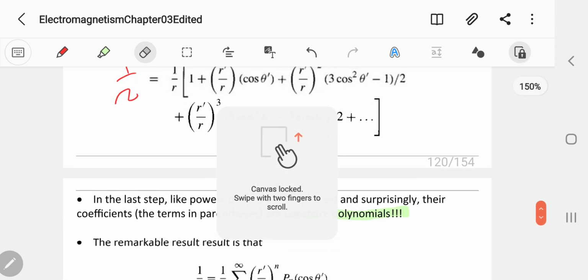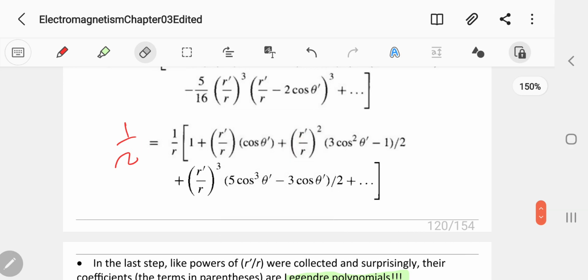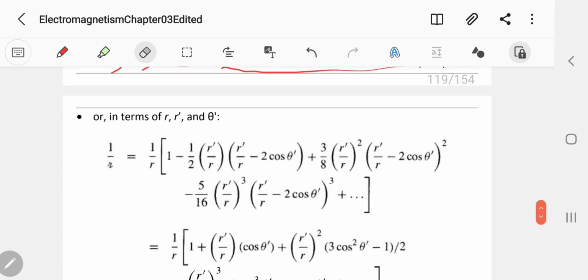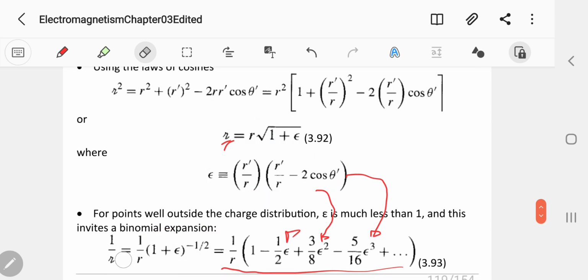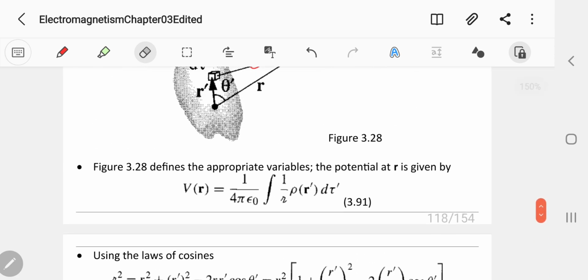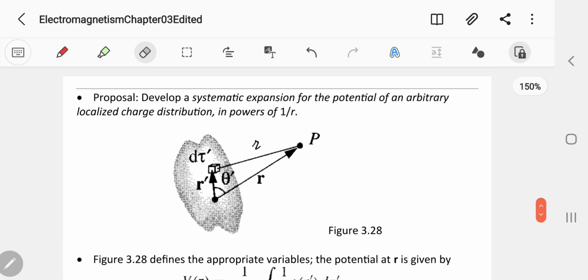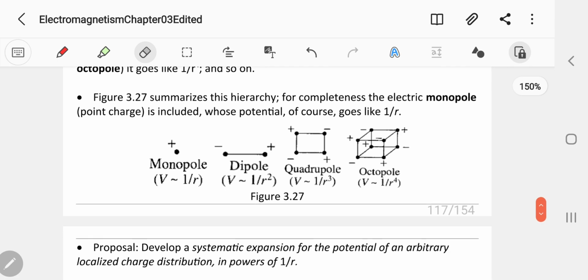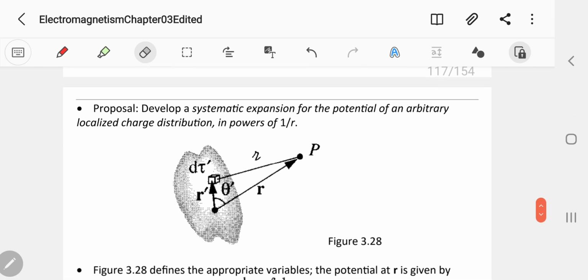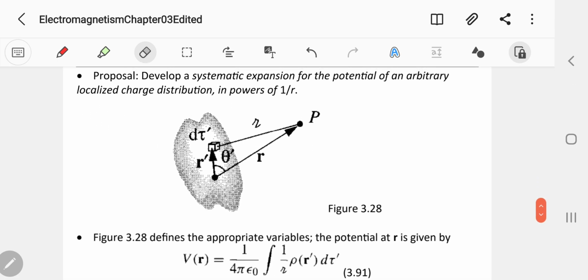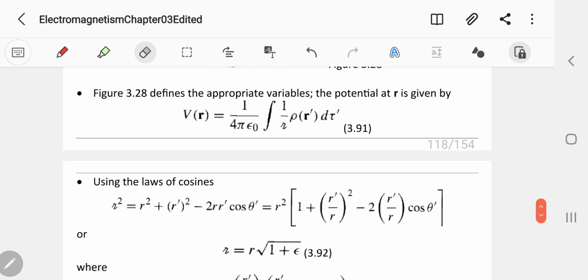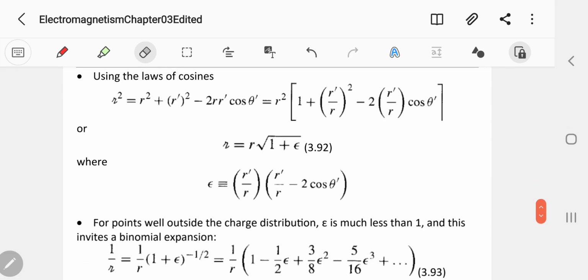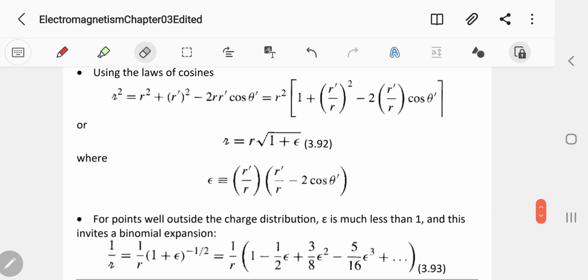Let me erase this one so that you could see it clearly. And I'll go through the slides very slowly. So that's it. I have explained these slides already.